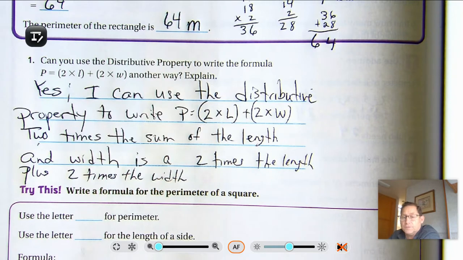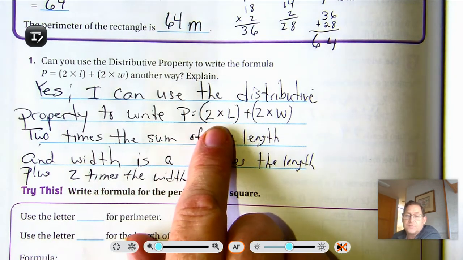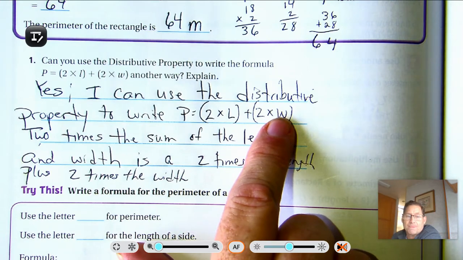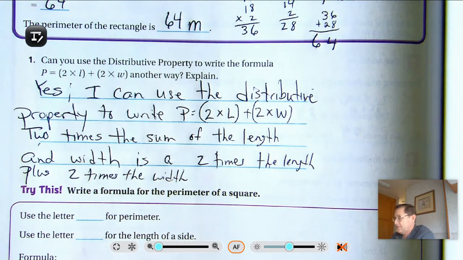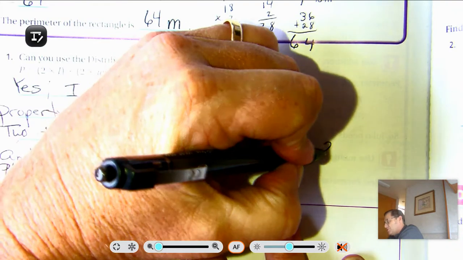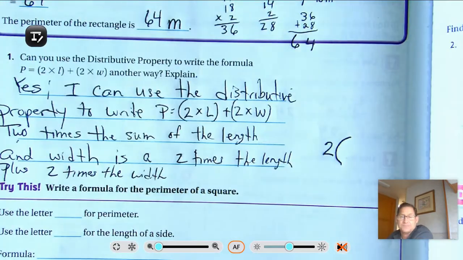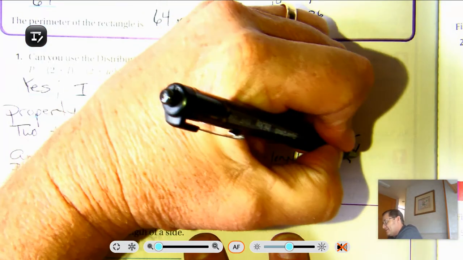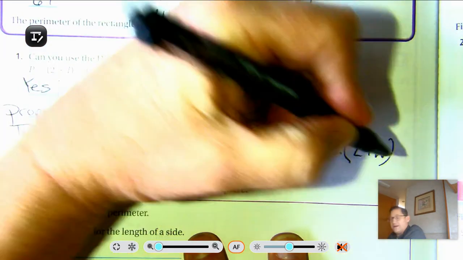A lot of words, right? I can use the distributive property to write this formula, P equals 2 times the length plus 2 times the width, as 2 times the sum of the length and width.